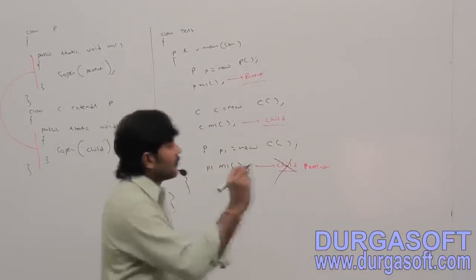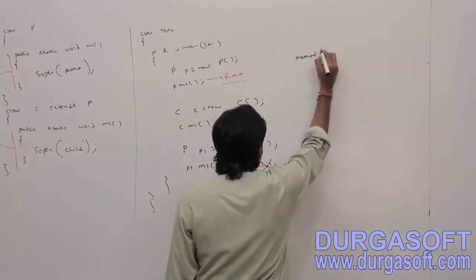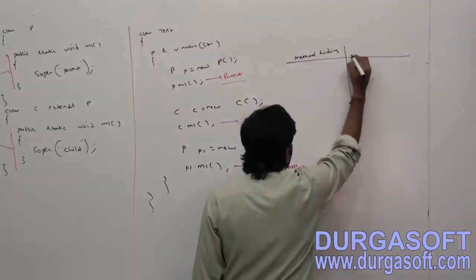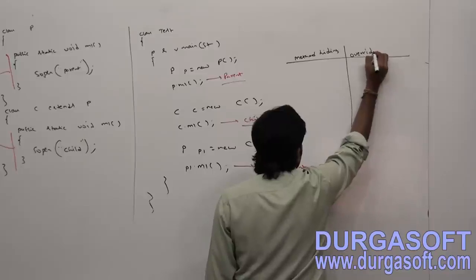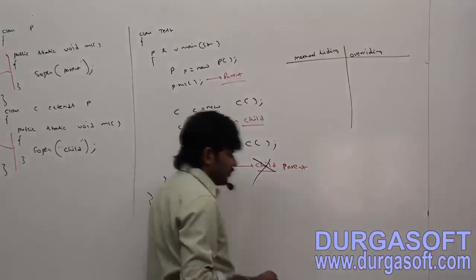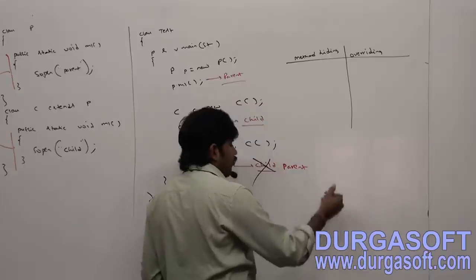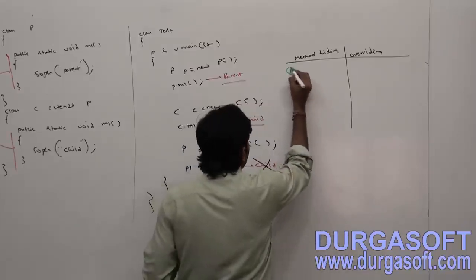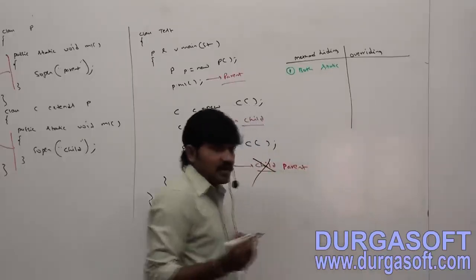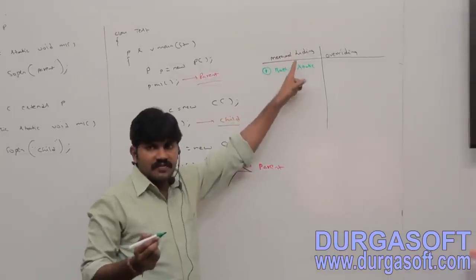Okay, here see. Method hiding, and what is the second word? Overriding. Here is the first difference, listen to this point well. Both parent and child class methods should be static if it is method hiding.